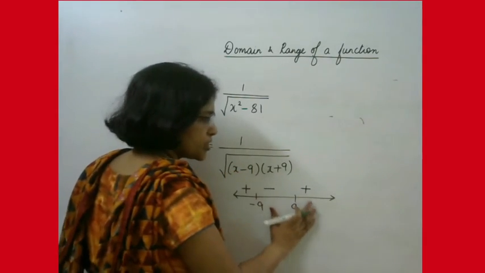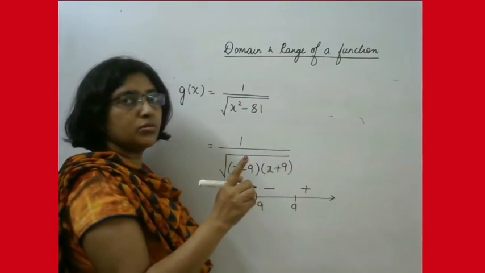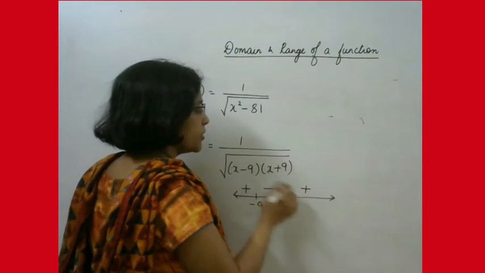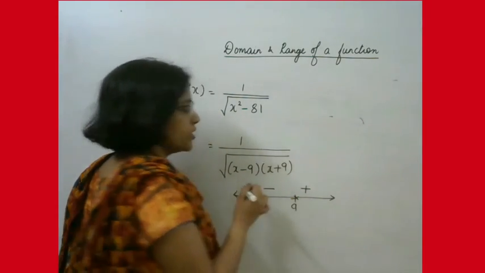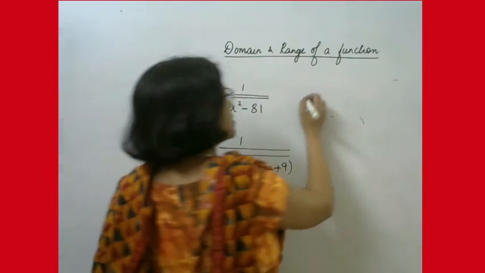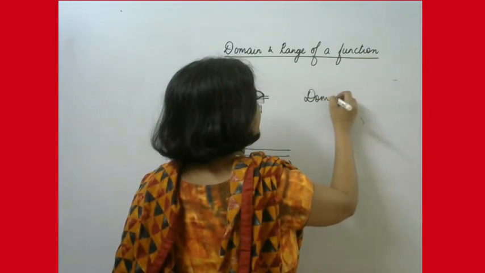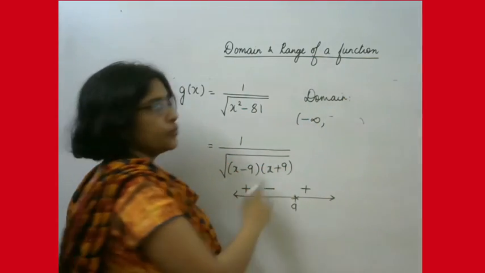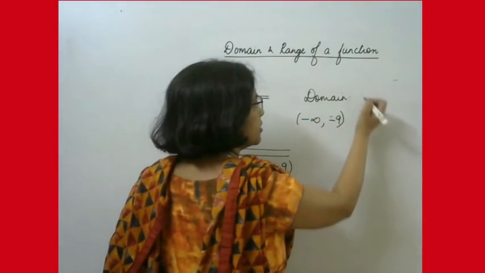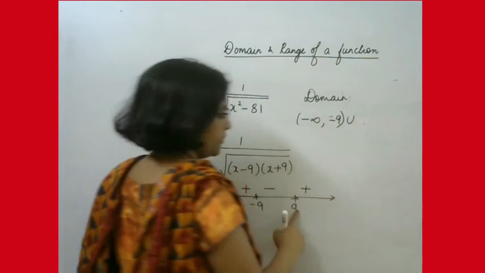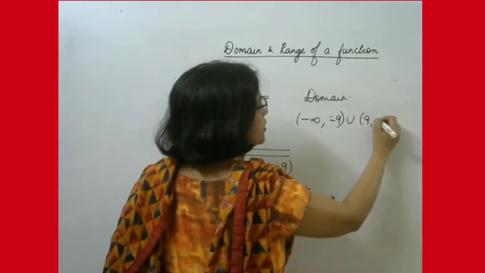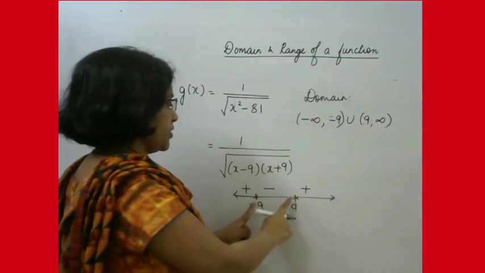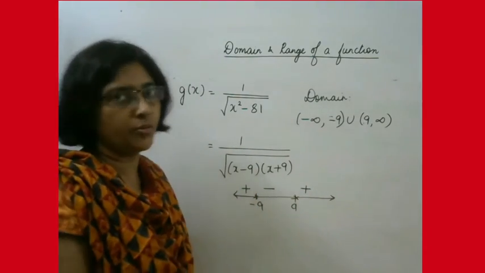We are looking for positive values, and also this term should not be 0. Where is it going to become 0? At the critical points. So we need to remove them. And so in this case, the domain becomes minus infinity to minus 9, not including minus 9, union 9 to infinity. Whichever values are positive and whichever don't make it 0, since it is in the denominator.